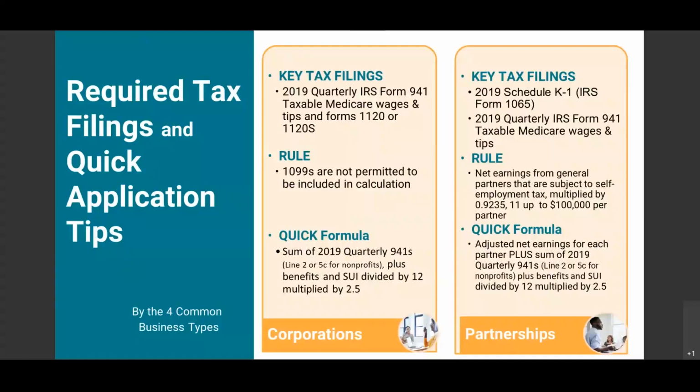I won't spend a lot of time on the partnerships because we don't really see a whole lot of partnerships, but essentially the tax forms here are a little different. You need your 1065, which is the income tax return that partnerships file.